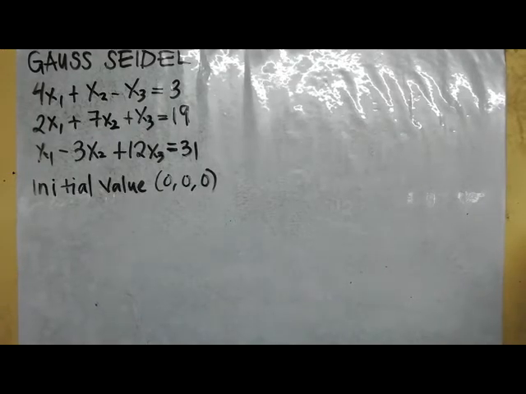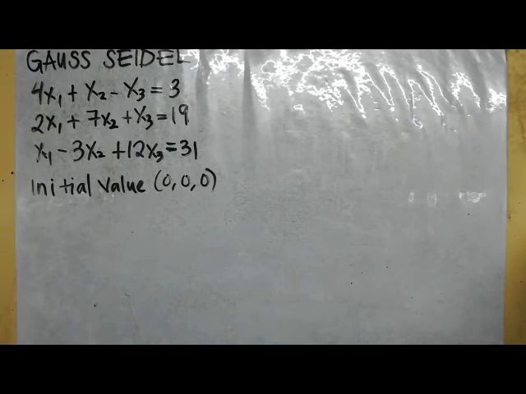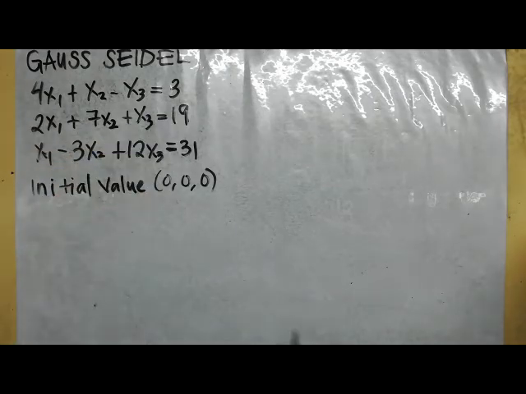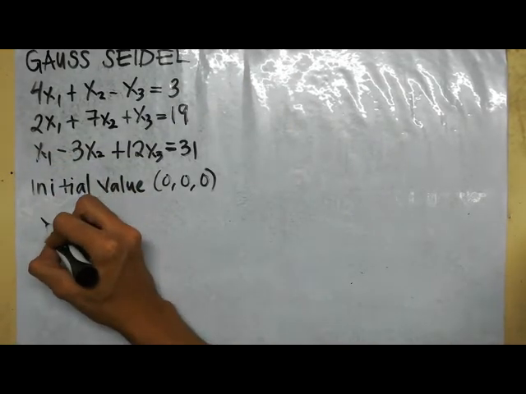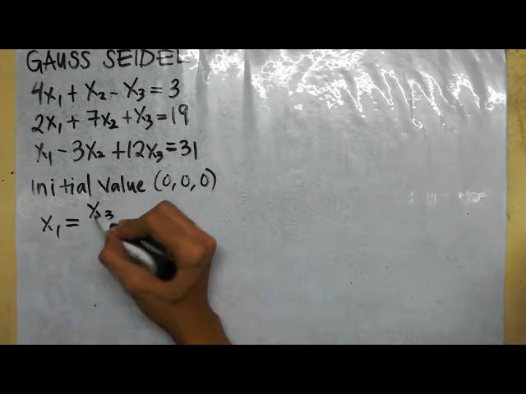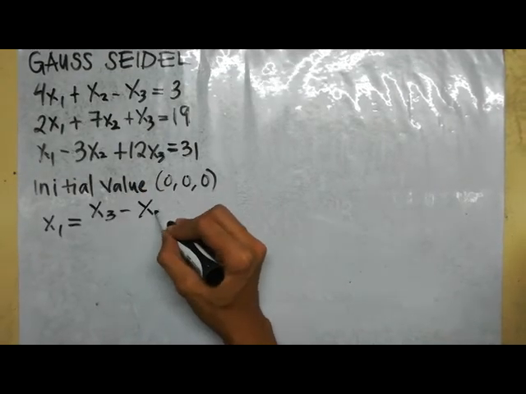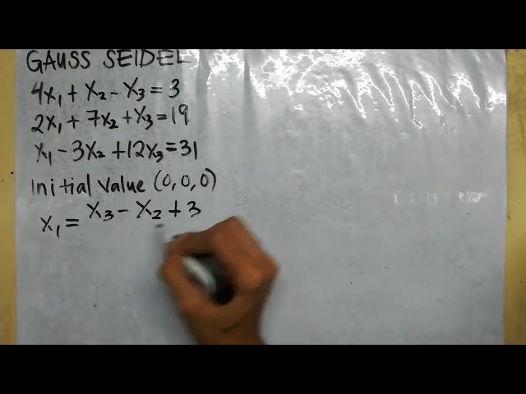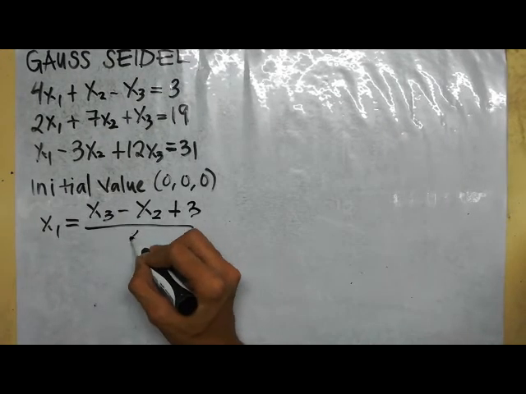Our goal for this topic is to find the values for x sub 1, x sub 2, and x sub 3. First we need to find the equation for x sub 1 from the first equation. So we have x sub 1 equals x sub 3 minus x sub 2 plus 3 over 4.